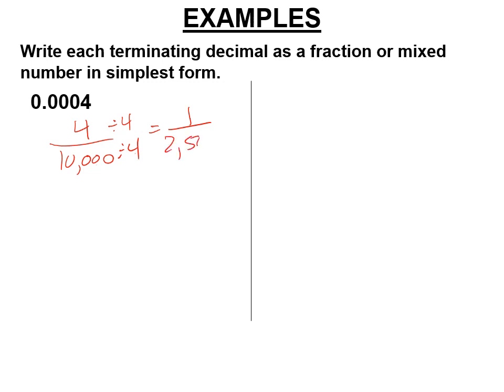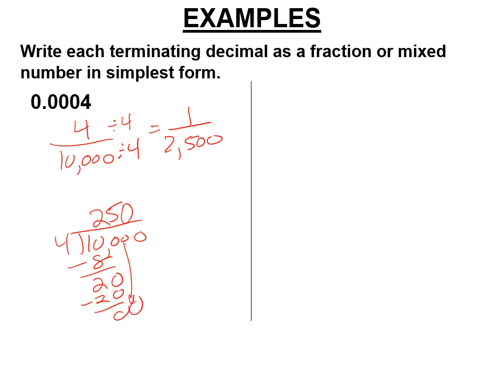It is 2,500. Now, yes, you could do it the long way. 4 goes into 10 twice. Remainder 2, bring down a 0. 4 into 20, 5. Bring down a 0. But you're just bringing down zeros, right? 4 goes into 10,000 2,500. 1 2,500th.